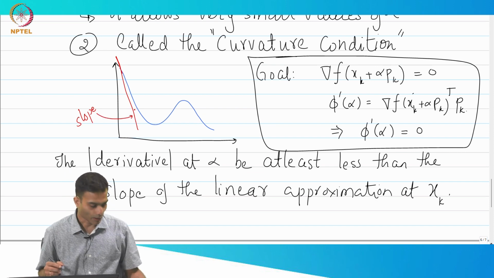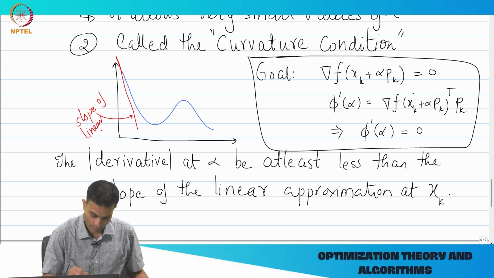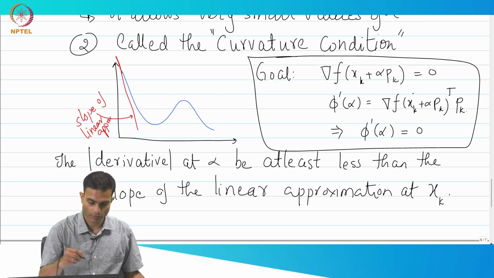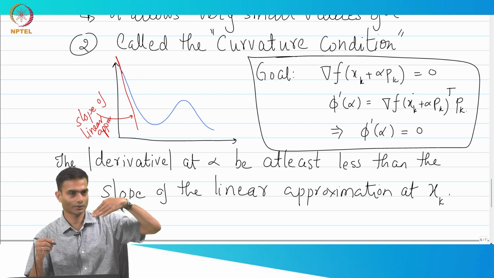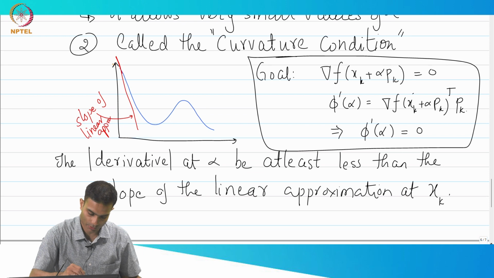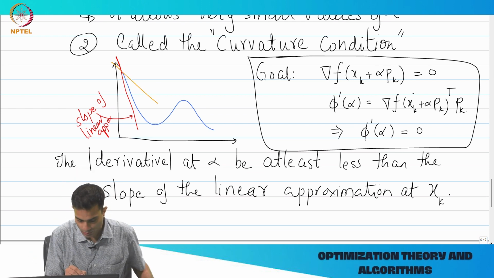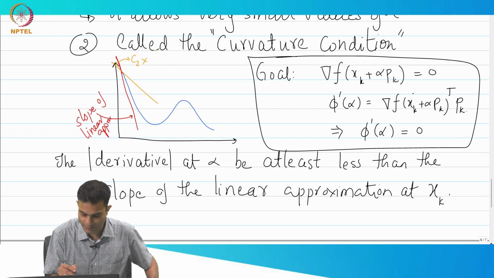Now, supposing I say, okay, C2 times this slope of the linear approximation, which way should I draw this slope now? Shallower, right? So for example, this could be C2 times the slope. So we'll call this C2 into the linear approximation slope.